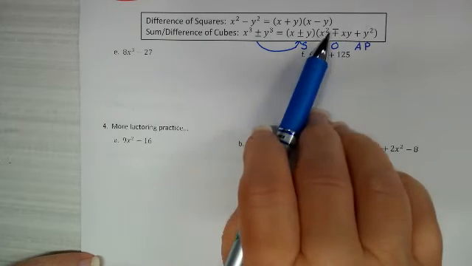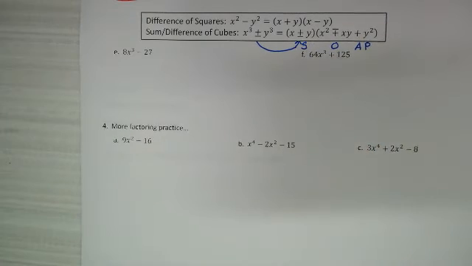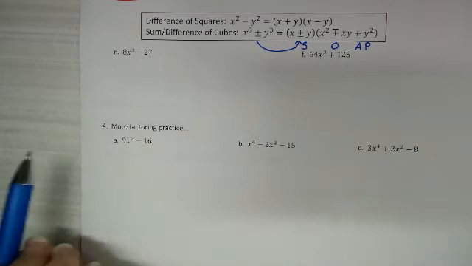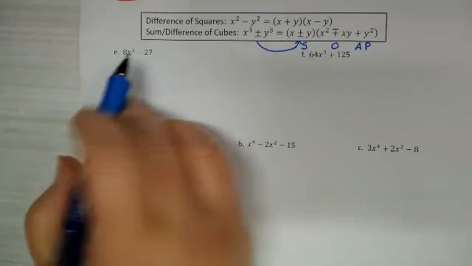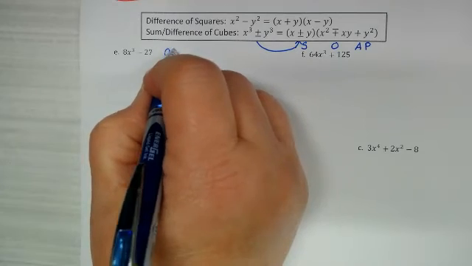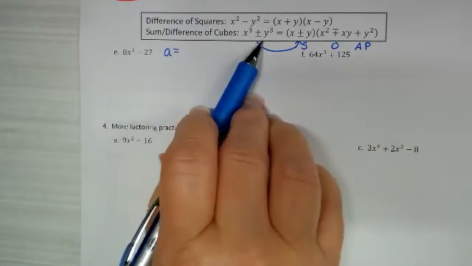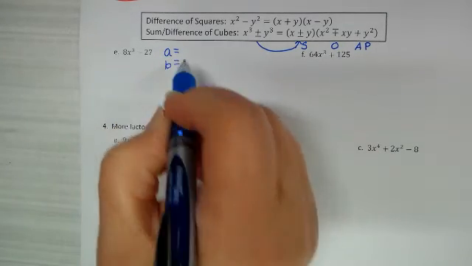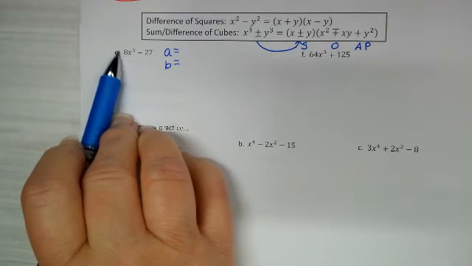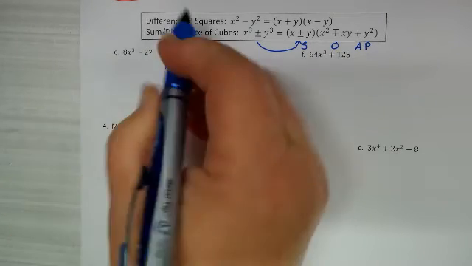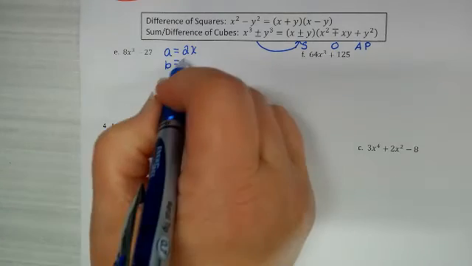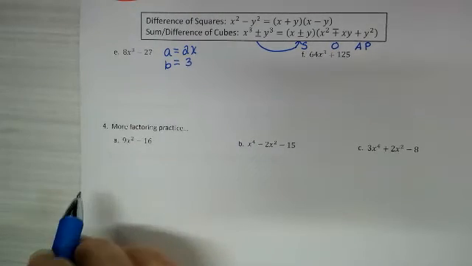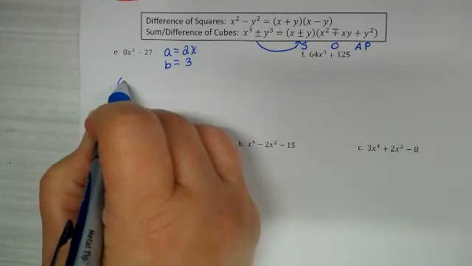So we're just going to apply the sum or difference of cubes to these first two. So let's do letter E. Remember, we had to identify, what am I putting in for A? Well, in this case, it's an x and a y. But in our notes, we did A and B. So 8x to the third, A should be 2x. 27, B should be 3. And then we plug them in.